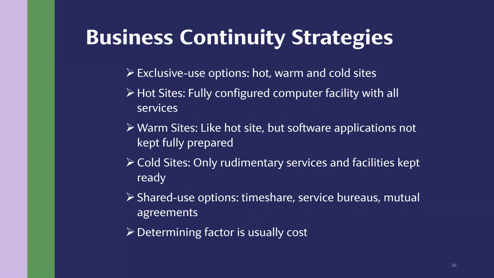It can be a hot site, which means you need a fully configured computer facility with all services. It can be a warm site, which is like a hot site, but software applications are not kept fully prepared. It can be cold, or shared use. These are self-explanatory, showing how you can perform business continuity strategies and what resources are needed. And for all of them, the cost is something you need to determine before following this DRP.